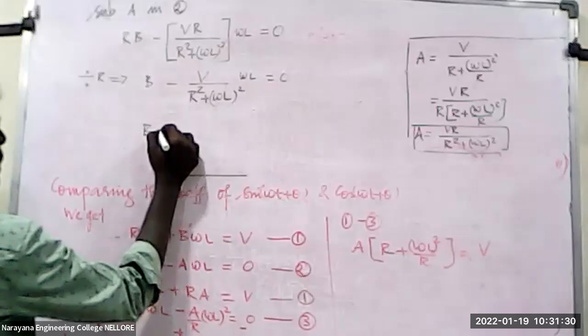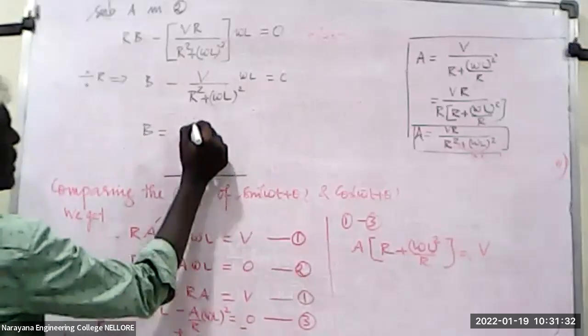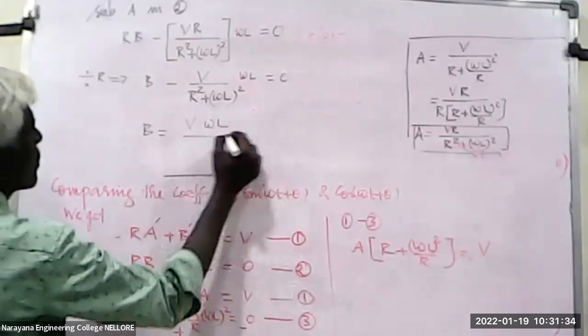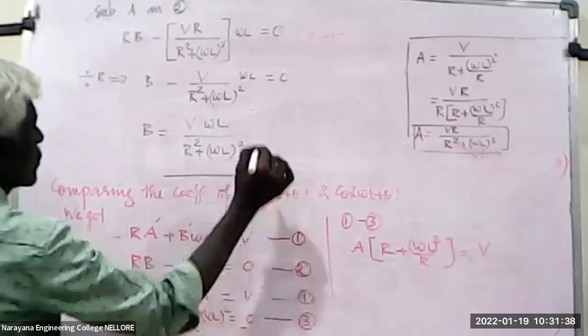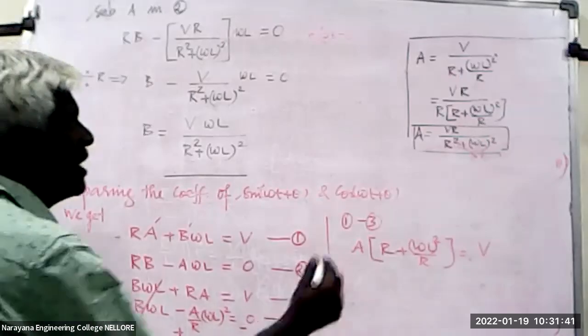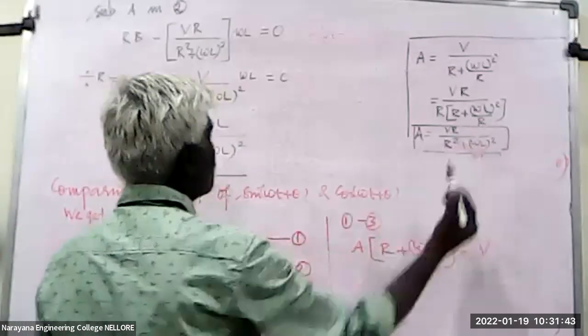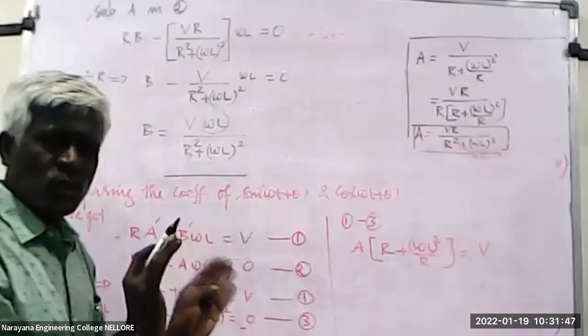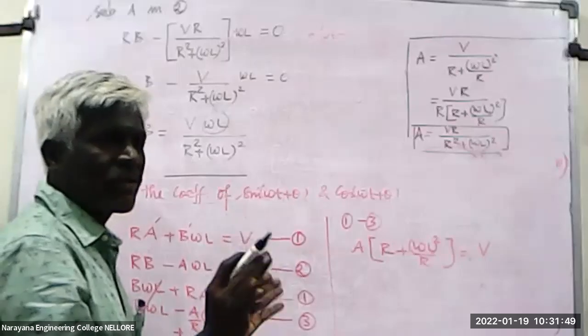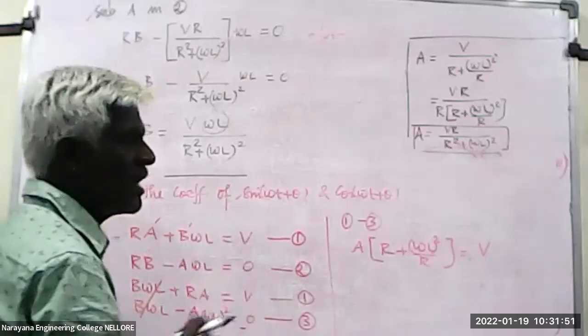Then if you take that to the other side, it will be V times omega L divided by R square plus omega L the whole square. So remember in A, in the numerator you have R. In B, in the numerator you have omega L. This is just cross checking, whether your A and B values are correct.